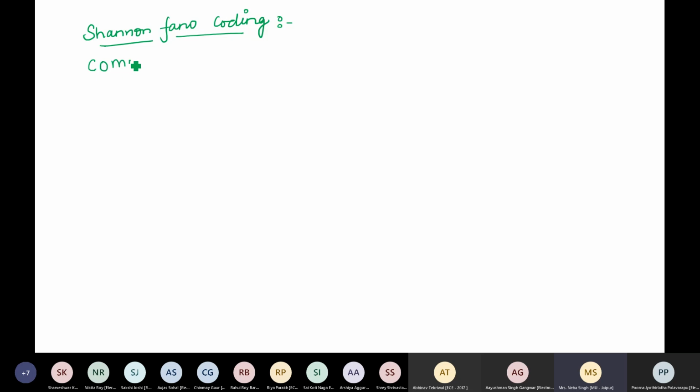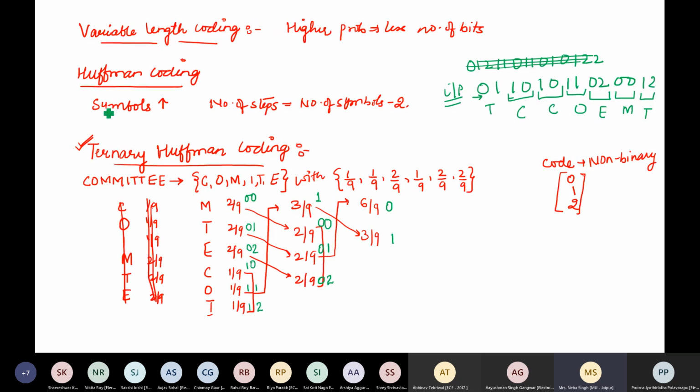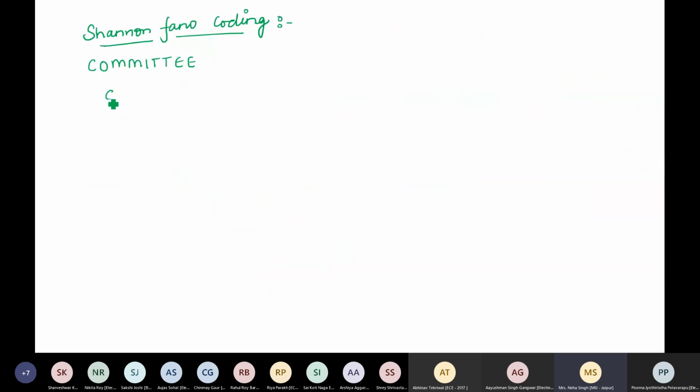We again take the example of the word committee, so that I have the probabilities given as C, O, I, M, T, T. Higher probability on top, that is M, T, E, C, O, I. This is 2 by 9, 2 by 9, 2 by 9, 1 by 9, 1 by 9.